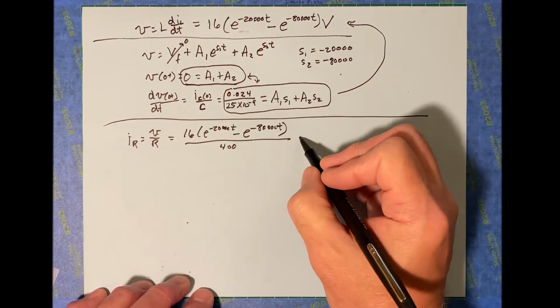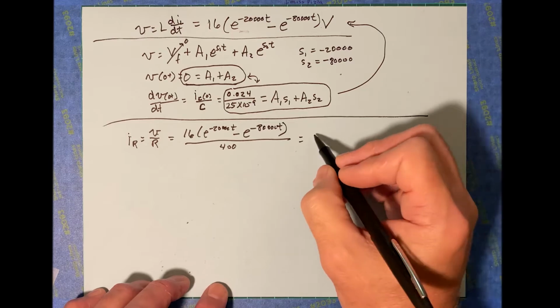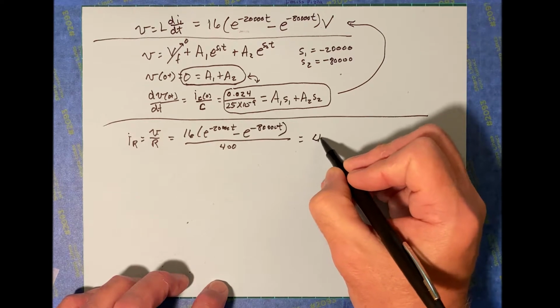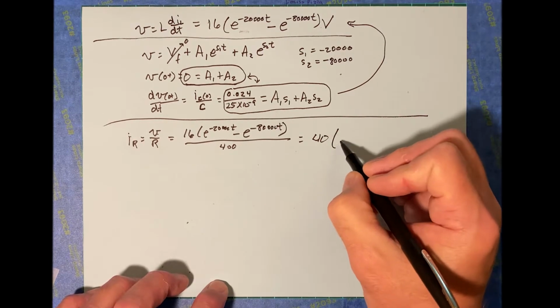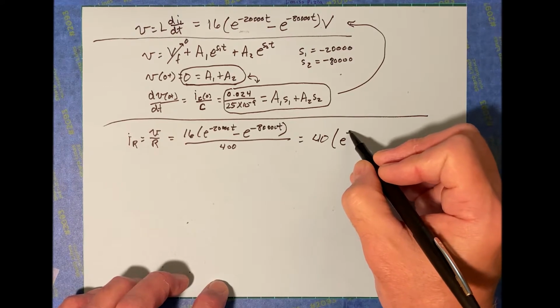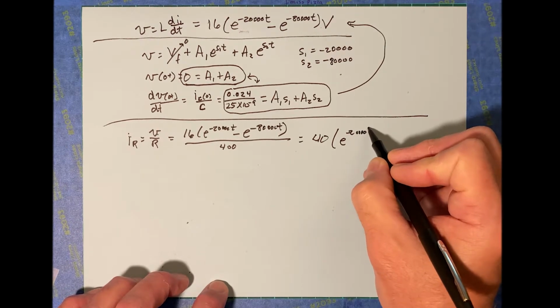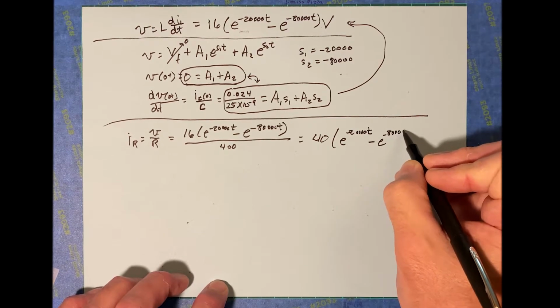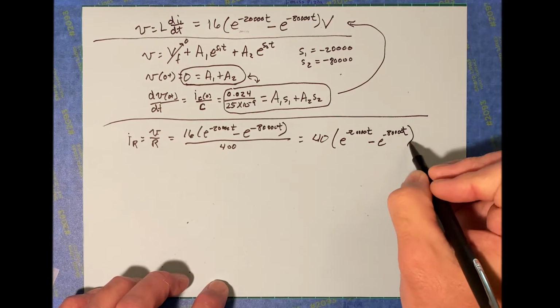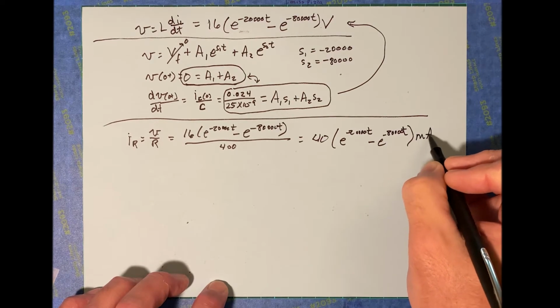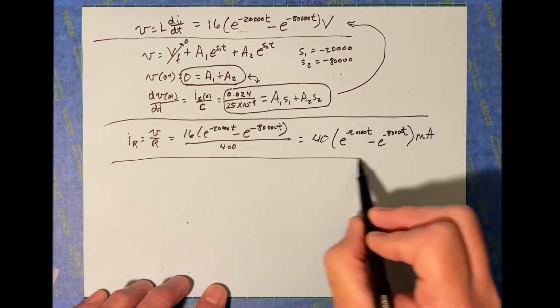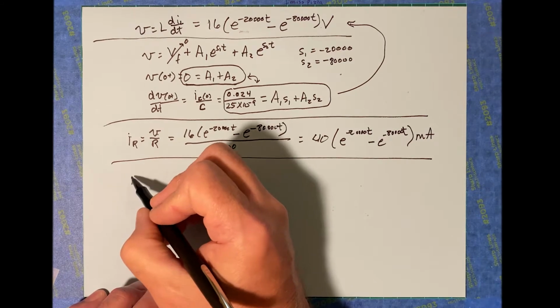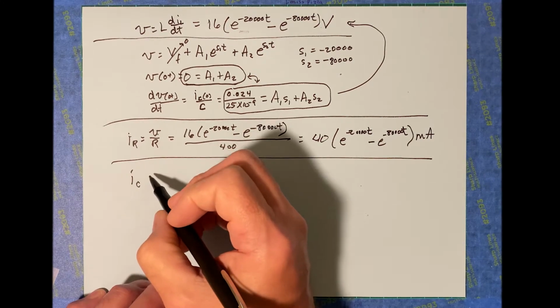Okay, and you can simplify that down, and I believe you get 40 times e to the negative 20,000 t minus e to the negative 80,000 t, and that is in units of milliamps.